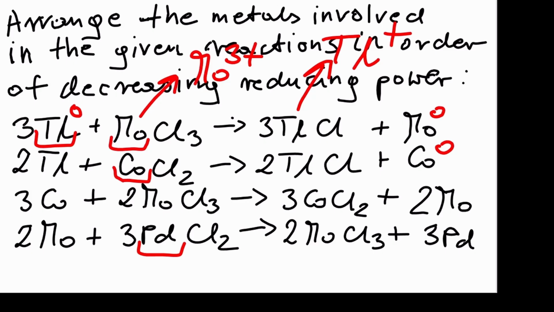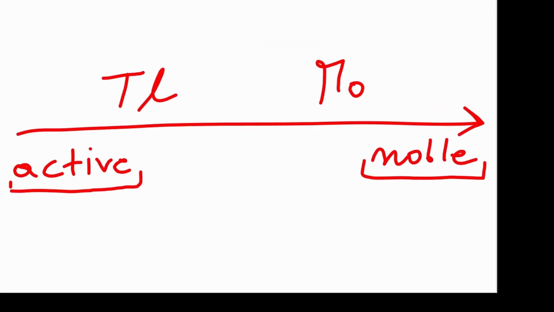So another conclusion: the thallium is much more active than cobalt. So we can place cobalt on the right side in comparison to thallium, on the right side of this arrow.